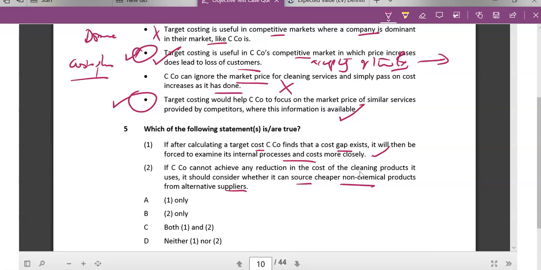Well, that is true as well. You should consider it because you're trying to bring down the cost. You would think about maybe labor as well, but it's something you should think about, and that fairly makes sense. So both 1 and 2 are correct. Cool, great stuff. See you in the next question.